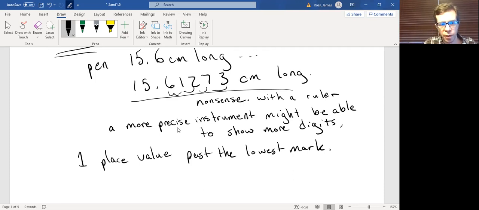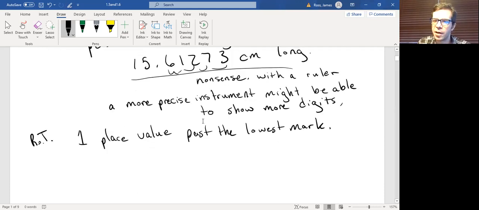That's kind of the rule of thumb. If you have a digital instrument, then the paperwork that you have on it will tell you what its precision is, and what its accuracy is. So I want to talk about also what's the difference between precision and accuracy.